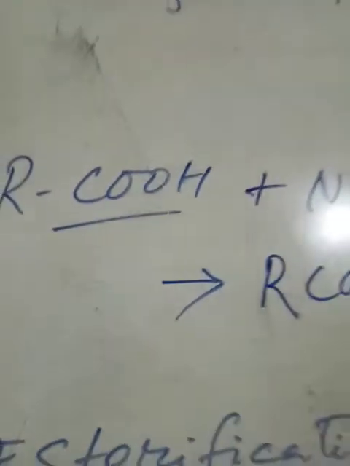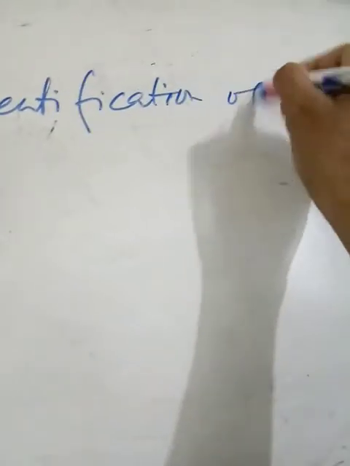Now I will show the simple test to identify formic acid and acetic acid. Which one is formic acid and which one is acetic acid? Number one, identification of formic acid, HCOOH.